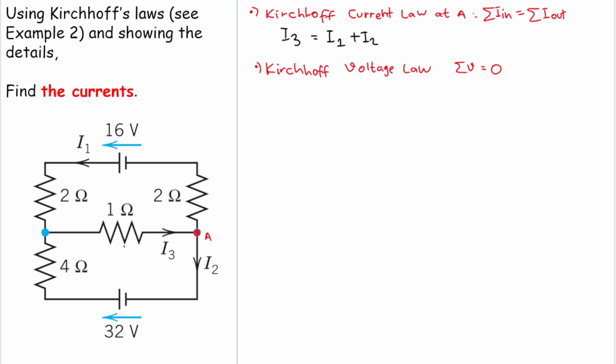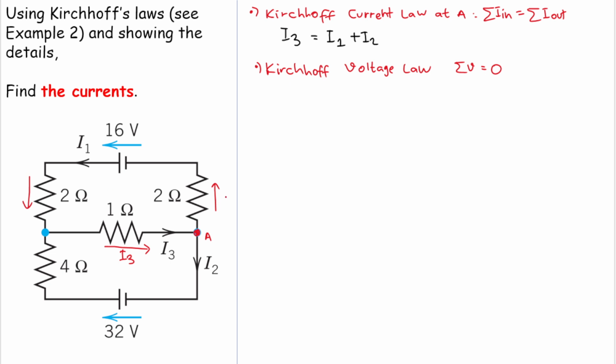So here I will have I3 in this branch, which is also the current that passes through this 1 ohm resistor here. So I will have I3 here. And then this is I1, which is the current that passes through this 2 ohm resistor, because they are in series, right? And also the battery and also this 2 ohm resistor.